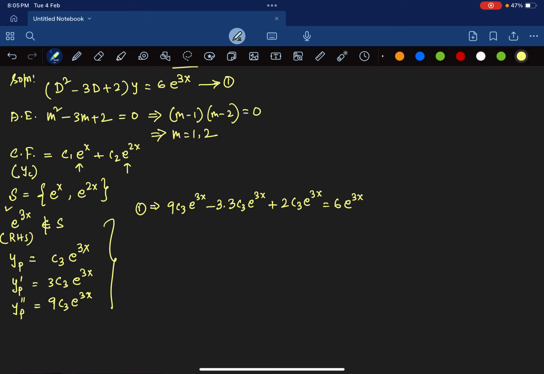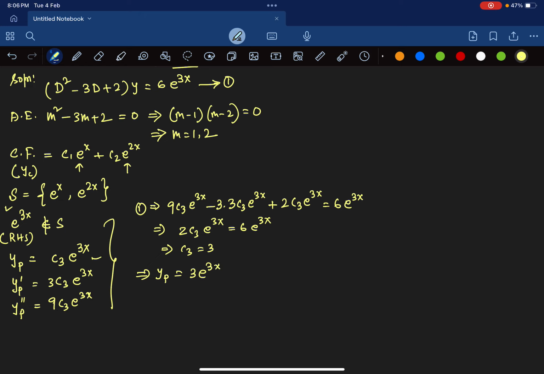These first two terms get cancelled out. So what you have is 2c3 e^(3x) equal to 6e^(3x). So from here c3 is equal to 3. So now back substitute here. So basically you are getting yp = 3e^(3x).